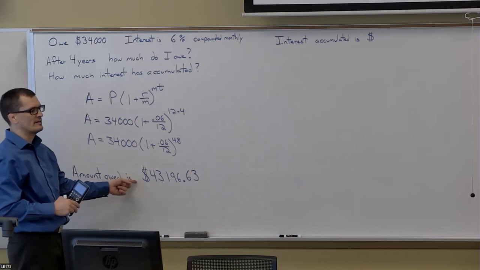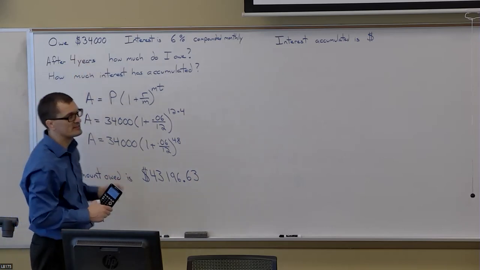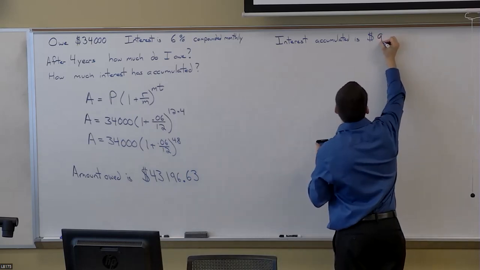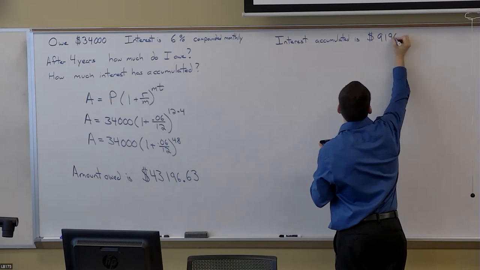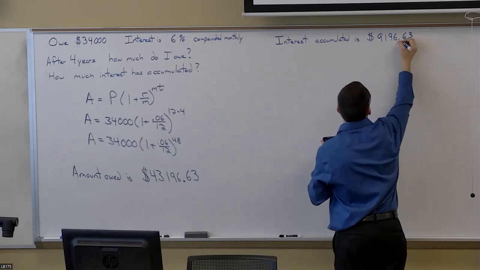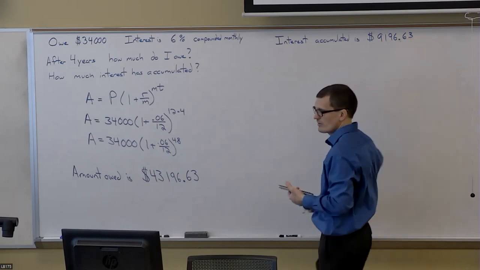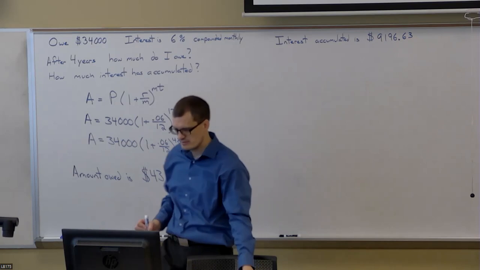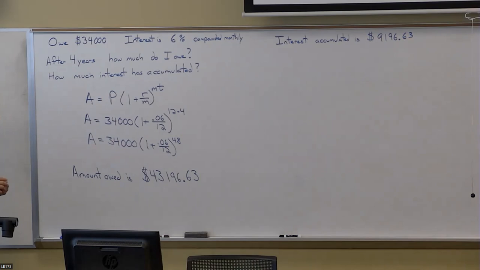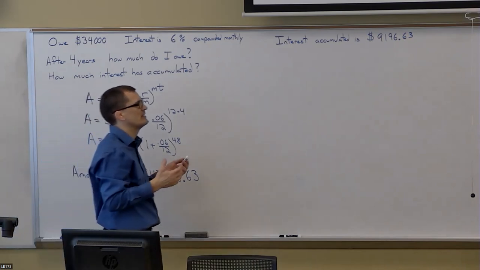If I take that number and subtract 34,000, that means $9,196.63 worth of interest has accrued or has accumulated. Does that make sense? Not too bad. So again, same calculation, but in depth.